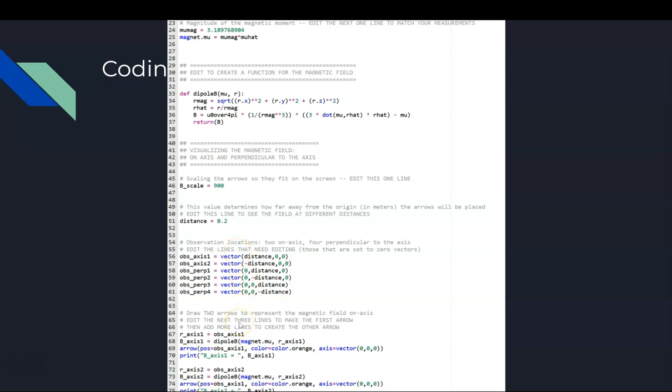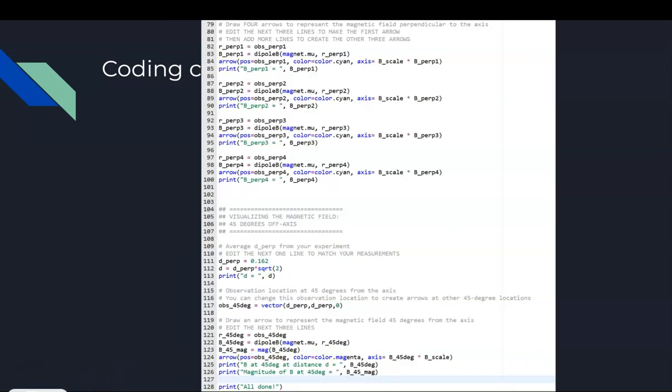I then did arrows to represent the magnetic field on axis. And then over here, I did it perpendicular to the axis. And then I added the d perp, and had arrows to represent the magnetic field at a 45-degree angle. And then also did magnitude just to test.